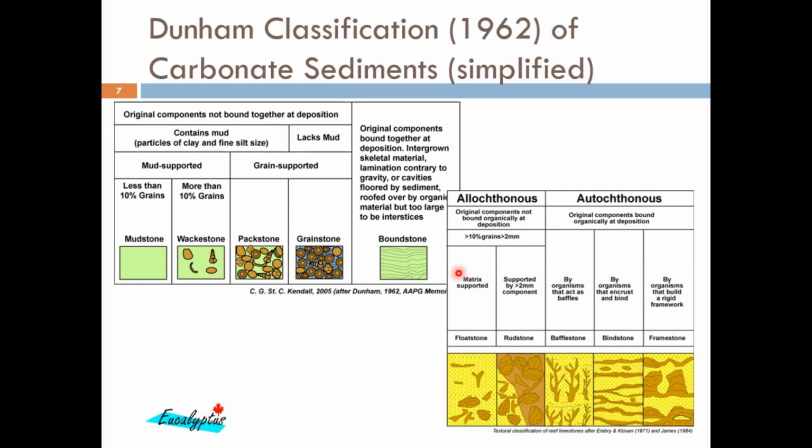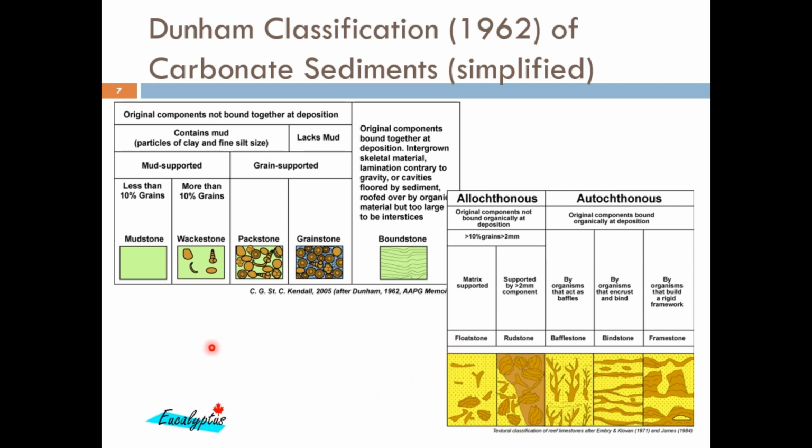It's not locally derived. And autochthonous is locally derived materials. Yeah? And often the autochthonous ones are bound by biogenic processes, while this is more like a clastic rock, where stuff has been dumped loose together, right?